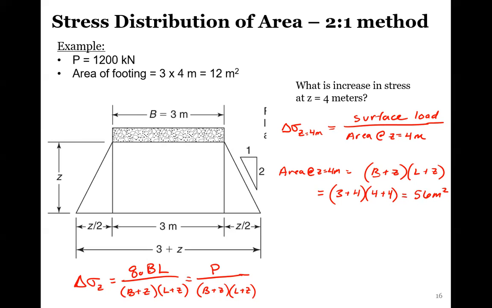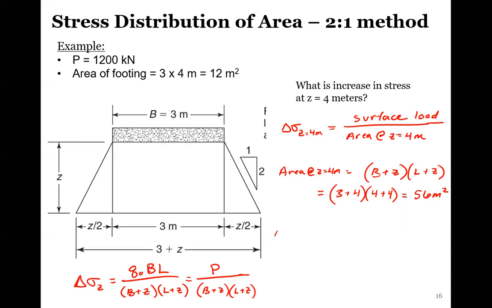So at the ground surface, we have 12 square meters of cross-sectional area, but now using the 2-to-1 method, we're assuming that at a depth of Z equals 4, the cross-sectional area that our load is distributed across is 56 square meters. So it should always be greater, because as we go in depth, we're increasing that cross-sectional area.